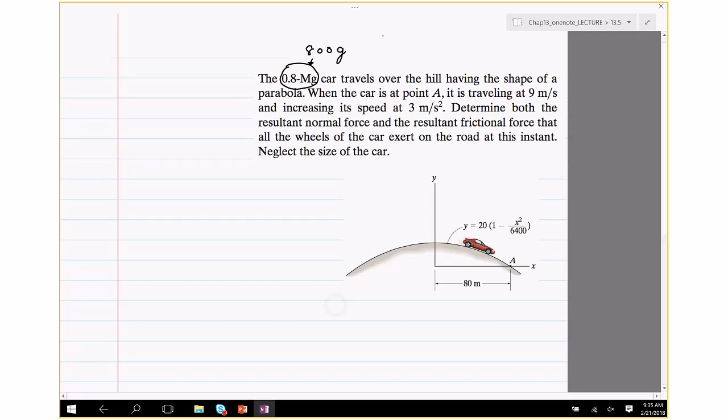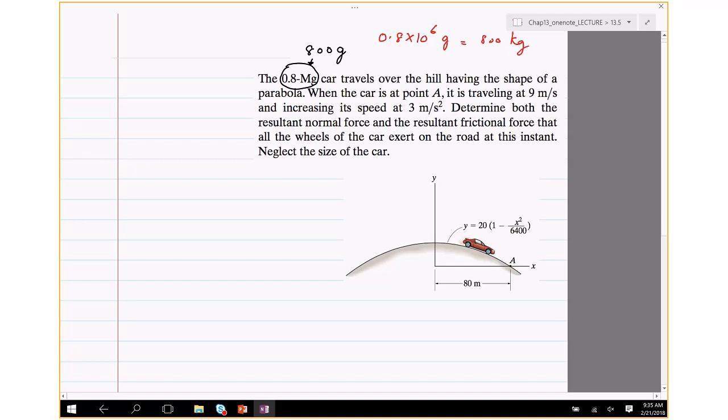So it's 0.8 times 10 raised to 6 grams. Okay, what's that in kilograms? 800 kilograms. So it's 800 kilograms, which is such an easy way to state it, but they said it as megagrams.